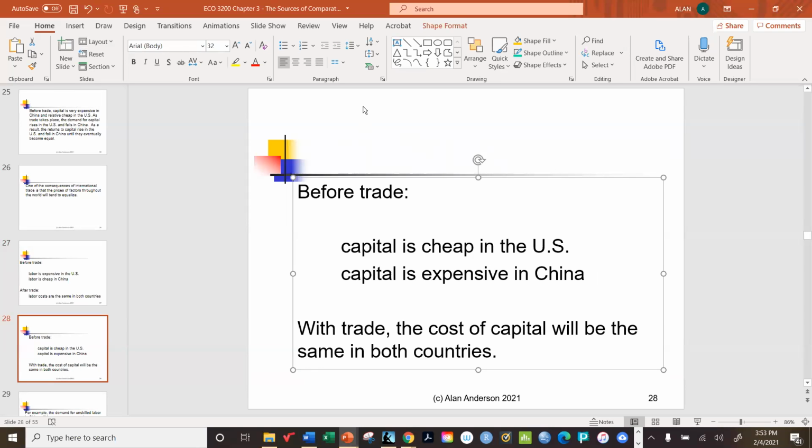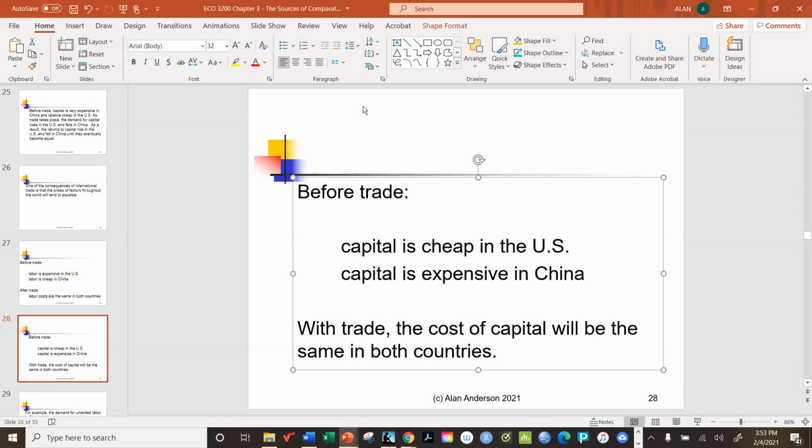So you can see Heckscher and Ohlin are basically trying to take Ricardo's theory and expand on it and analyze, first of all, where is comparative advantage coming from? And secondly, what are the consequences of trade? And you can see they're explaining it in terms of the returns to resources. Not so much in terms of unemployment or anything else, but in terms of the returns to resources.